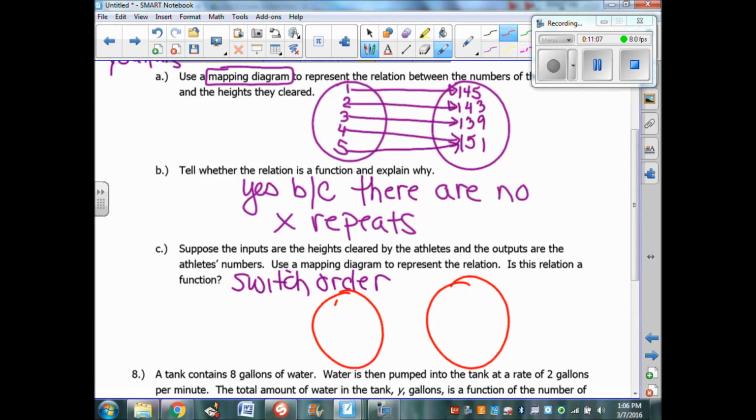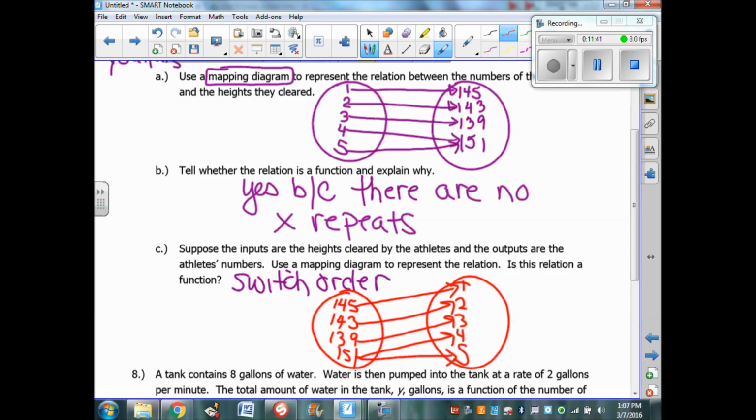So they're switching the order, so saying that the heights that they cleared are the inputs, and their numbers, 1, 2, 3, 4, 5, are the outputs. So now let's see what happens. 143 and 2, and 139 and 3, and 151 and 4, and 151 and 5.